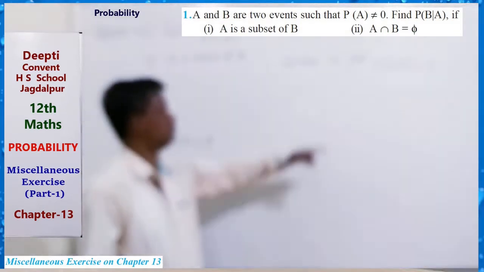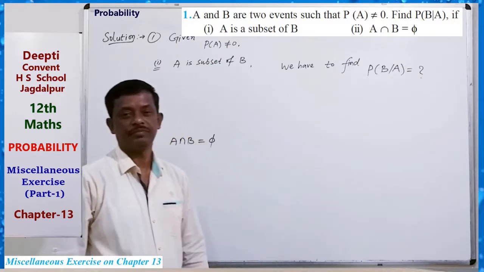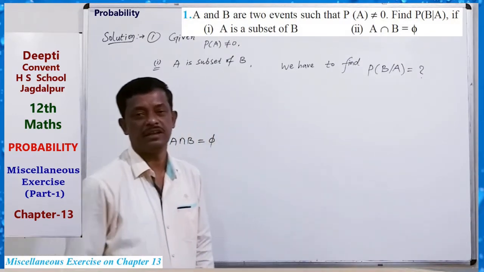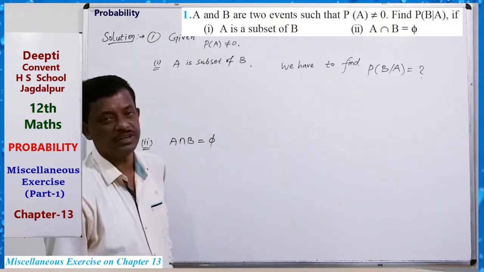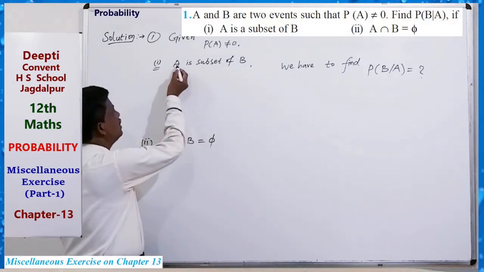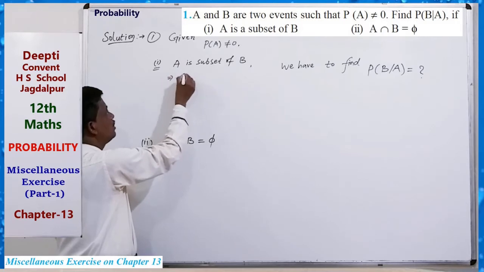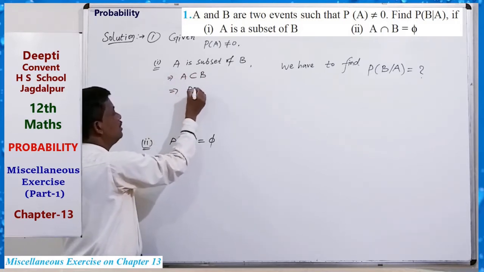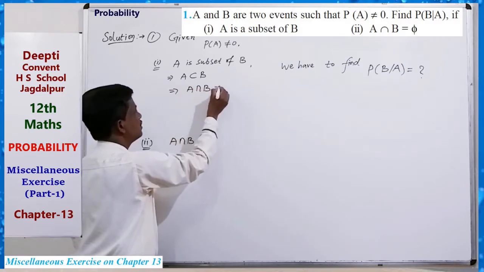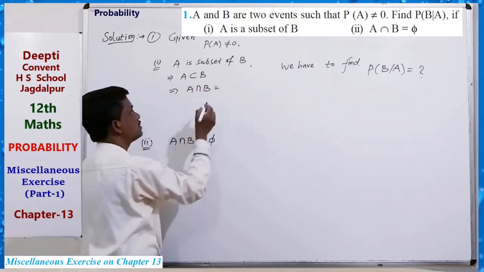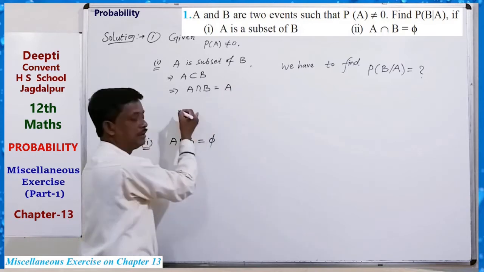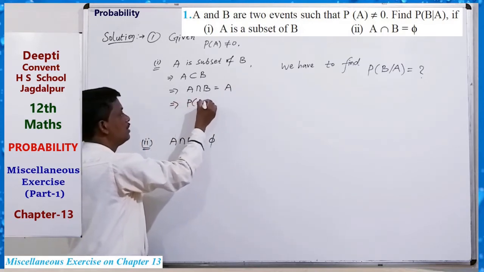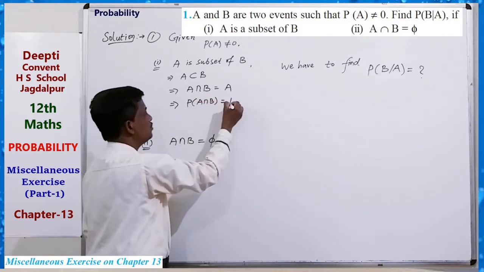From the conditional probability formula, P(B|A) equals P(B intersection A) by P(A). So we require A intersection B. Here A is a subset of B, which means A intersection B can be written as A, that is, P(A intersection B) equals P(A).